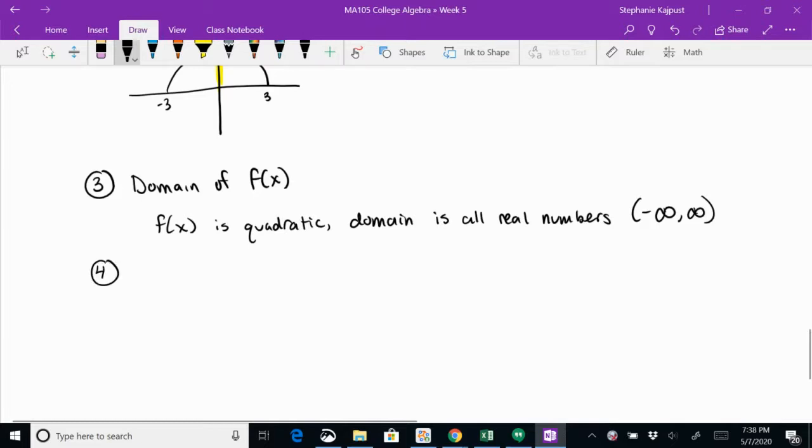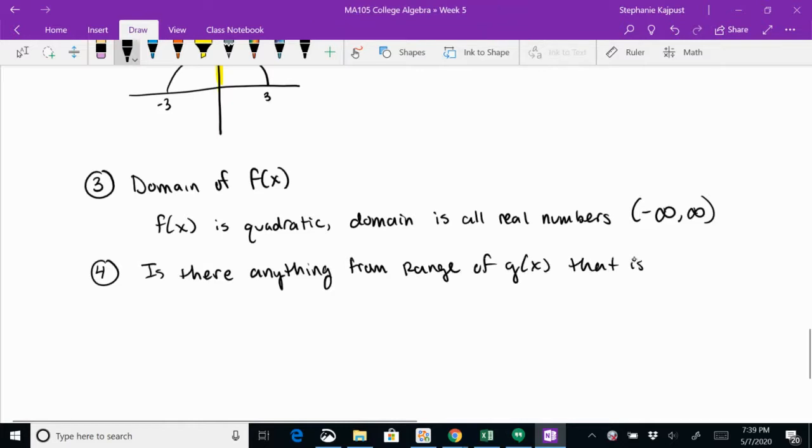Once you find the domain, you ask yourself, is there anything from the range of g of x that is not in the domain of f of x?